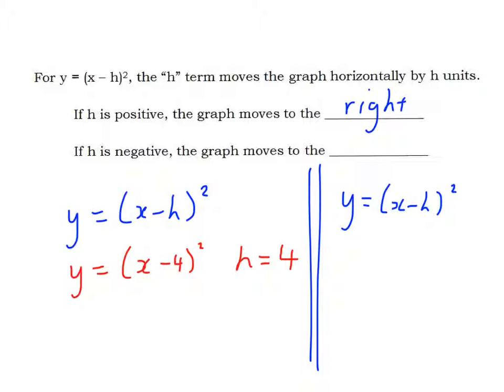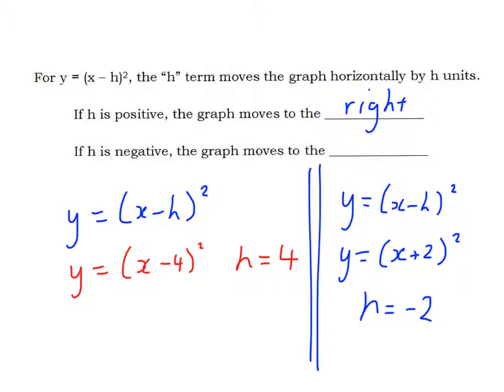With the other graph that we had, the equation was y equals x plus 2 all squared. Now in this case, what is h? Have a look at comparing these two equations. If our basic equation is x minus h, and then the question says x plus 2, h must be negative 2.